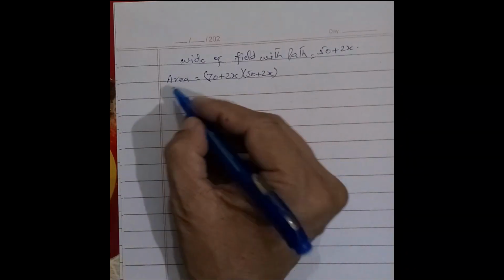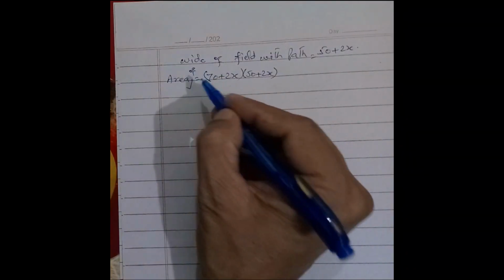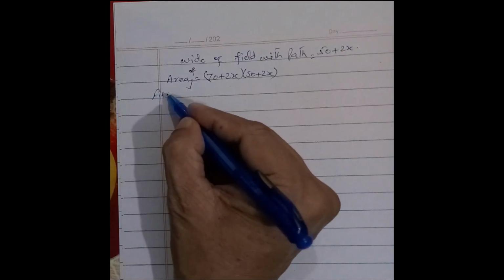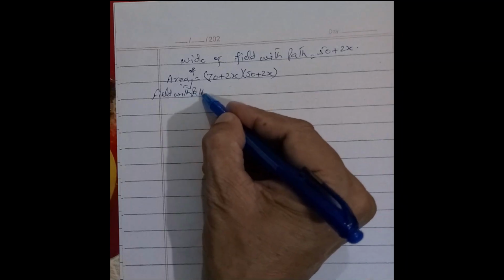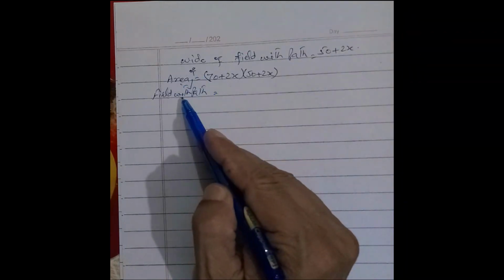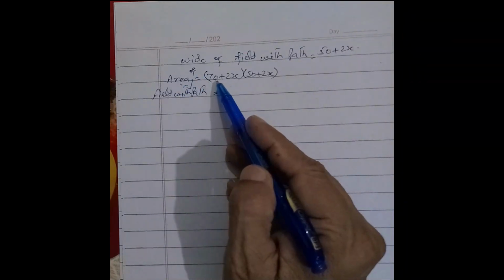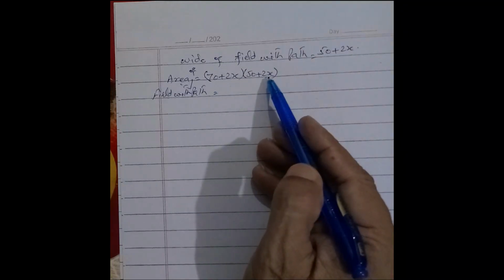The area of field with path is 70 plus 2x into 50 plus 2x.